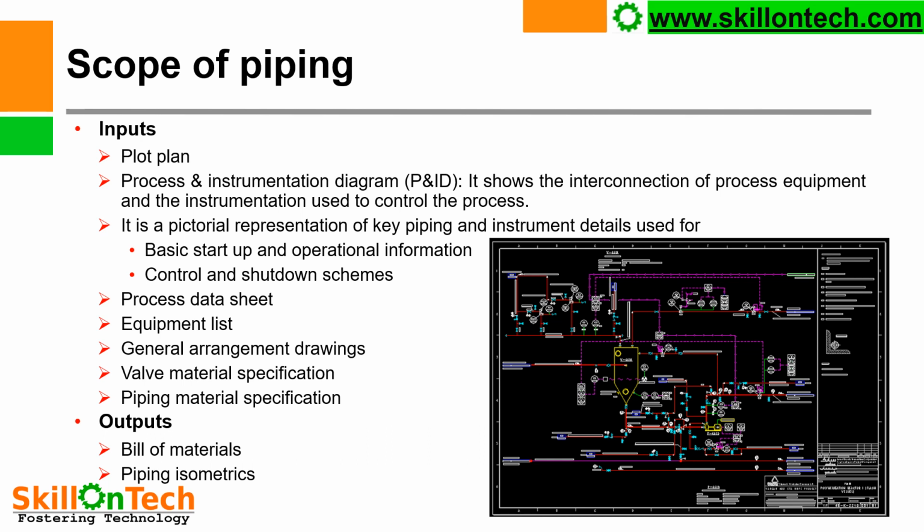Process data sheets, equipment list, general arrangement drawing, valve material specification, piping material specification. These are the inputs required for a piping project. So you can see a P&ID diagram is shown. Outputs: bill of material, piping isometrics. That will be required to execute the piping project.